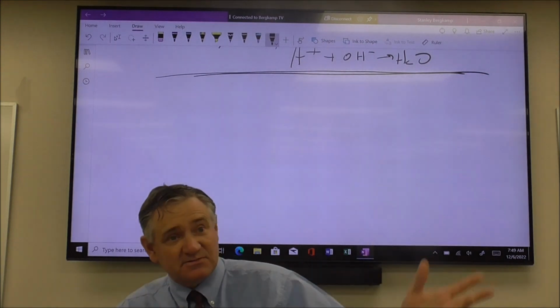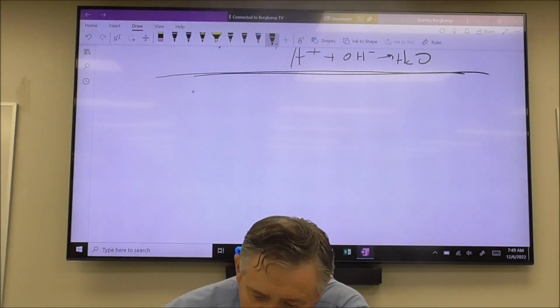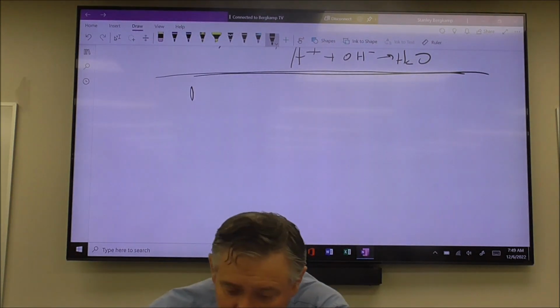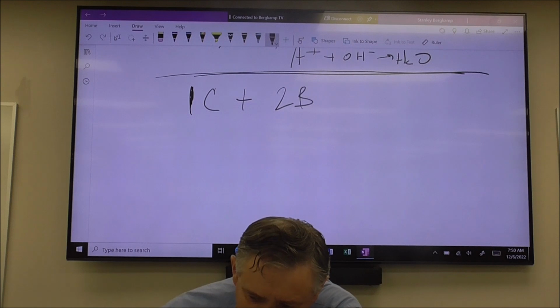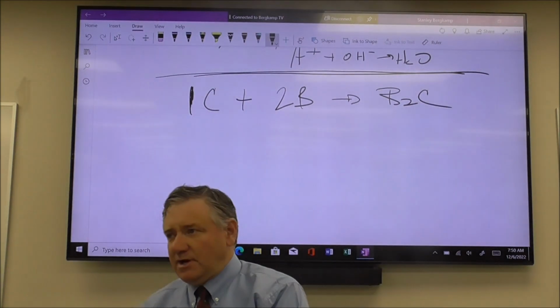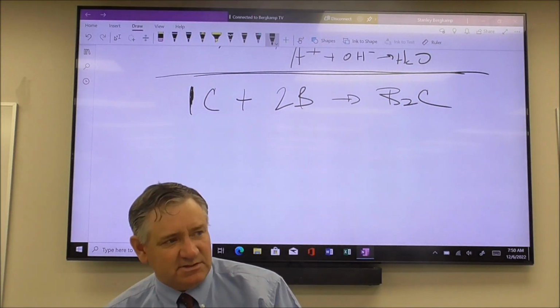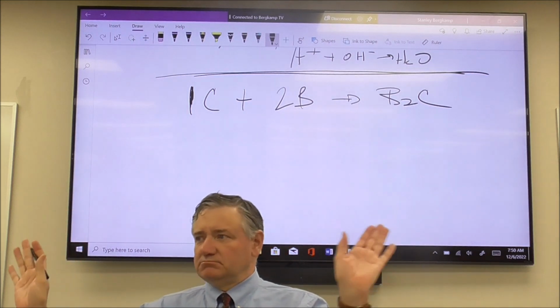It's going to be a synthesis reaction, and it's going to be boring. We're going to start off with one slice of cheese plus 2 slices of bread, and it's going to end up making B2S. We're going to make a cheese sandwich. That's it.